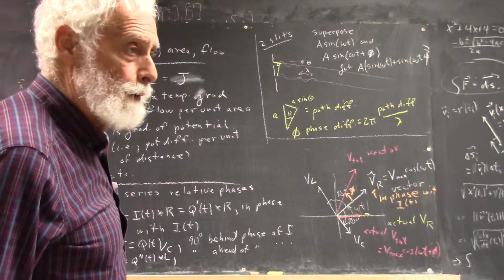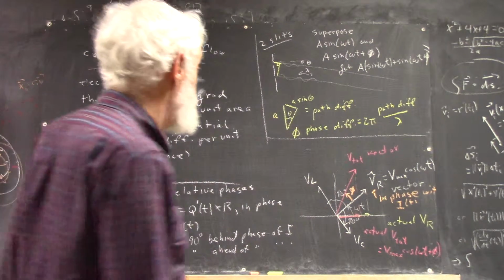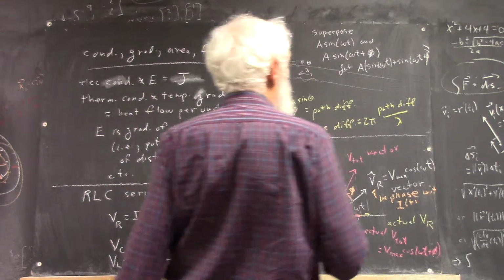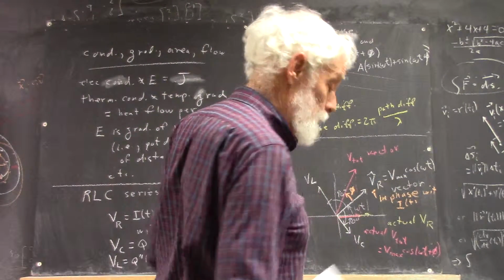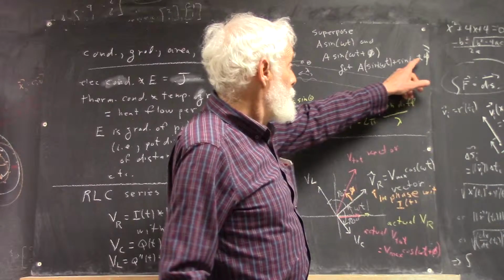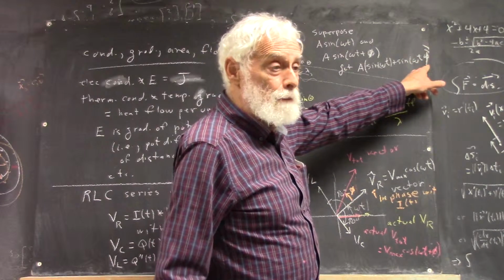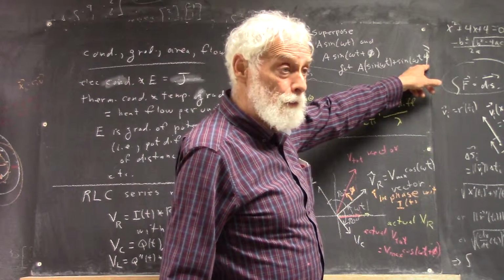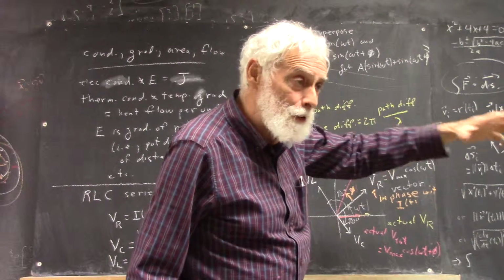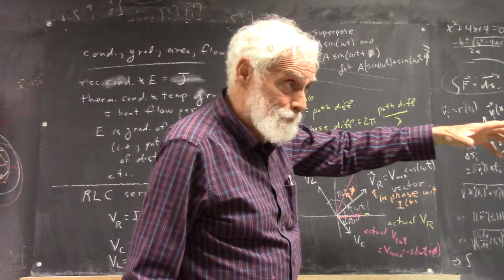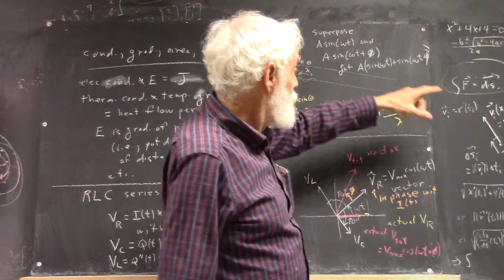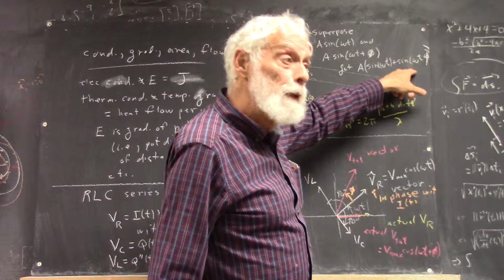Maybe a little hard to read. And we express this by using the formula for the sine of A plus B. Okay? It's going to give you some multiple of sine of omega t.